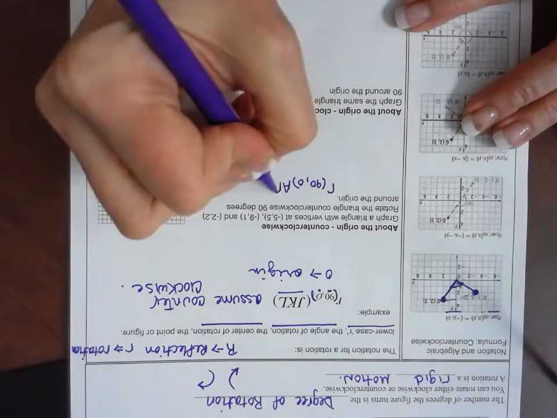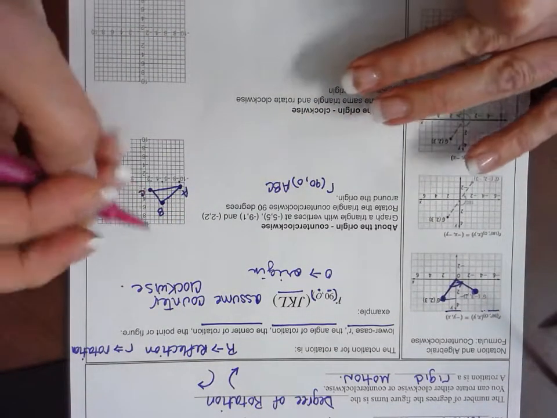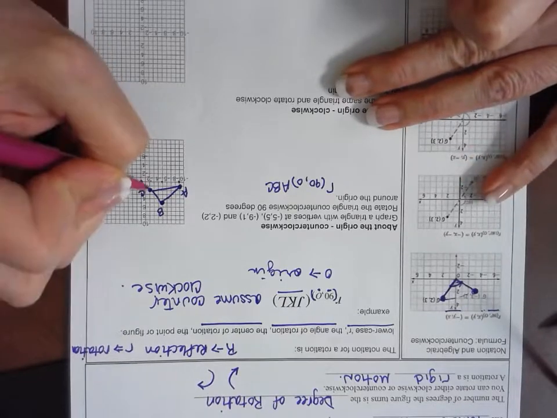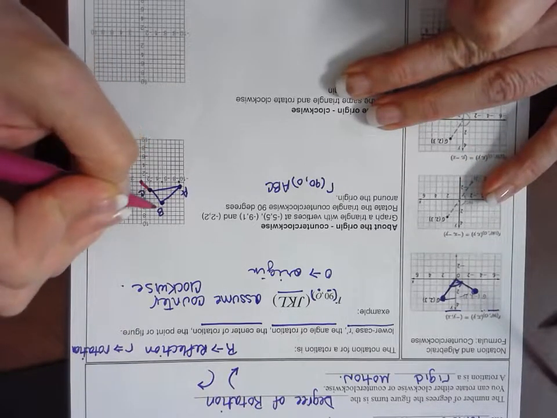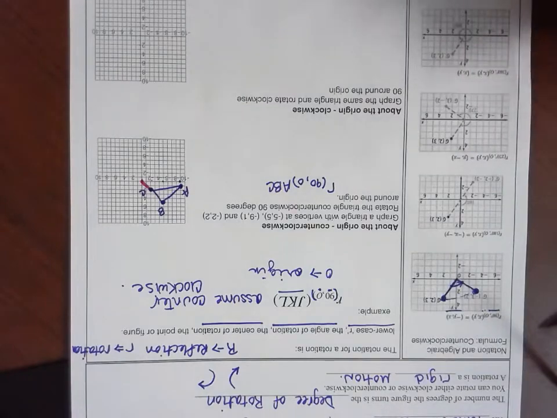So ABC. Now one of the key things is that from the origin, each of the points has to stay the same distance.